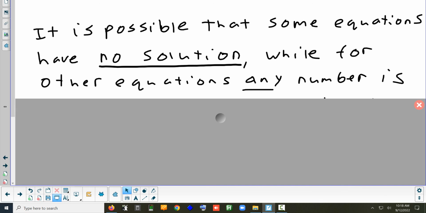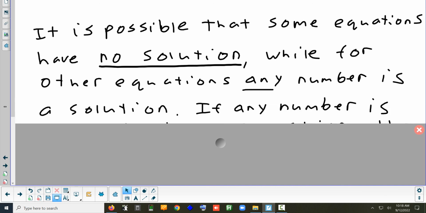Well, for other equations, any number is a solution. That means it's an equation that no matter what you fill in, every single number you can think of works. You can't find a number that will not work. Every single number works.